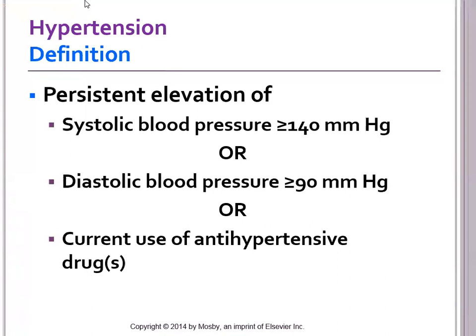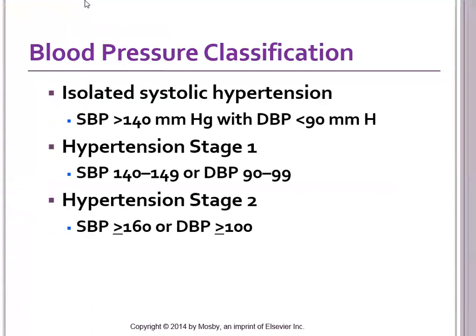Isolated systolic hypertension is when the average systolic blood pressure is greater than 140, with an average diastolic less than 90. And then there's different stages of hypertension too, depending on how the numbers go.